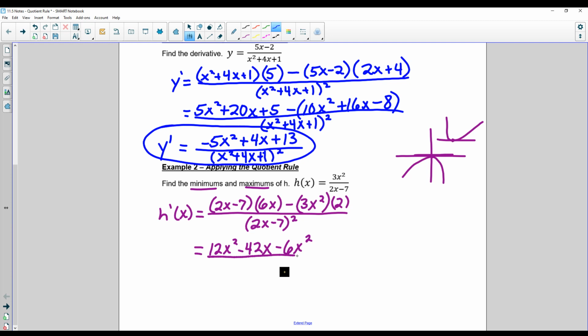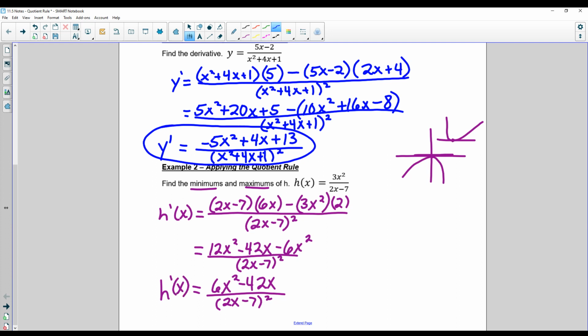And the bottom is still just that 2x minus 7 quantity squared. All right, I can put my x squareds together. Last thing I can do to simplify. So I'm going to get 6x squared minus 42x, and all that is still over 2x minus 7 quantity squared. All right, so there is my derivative.